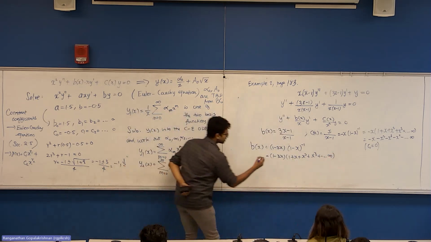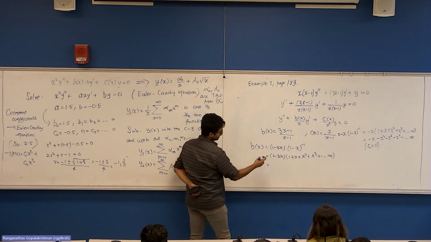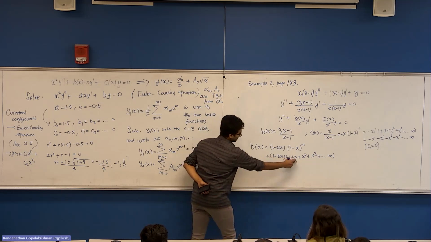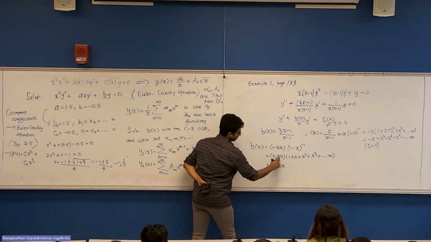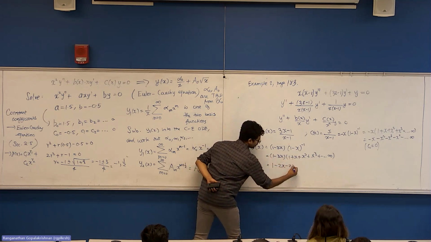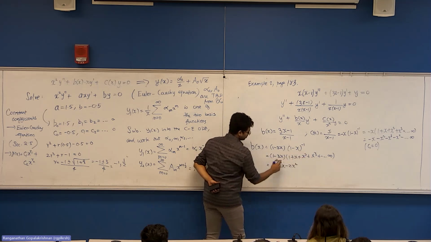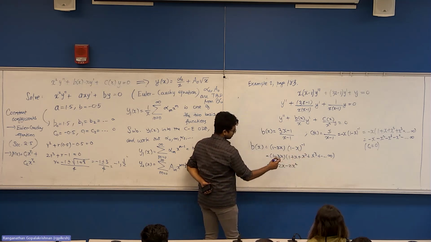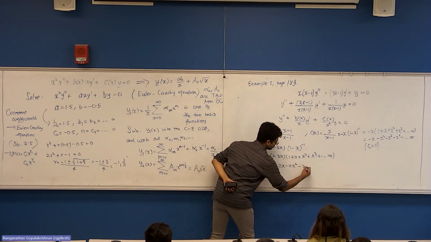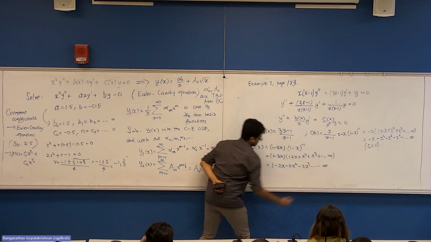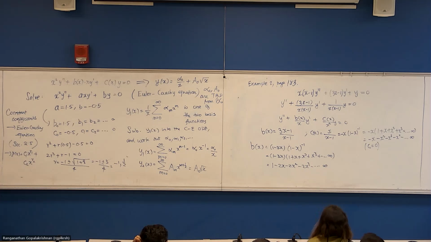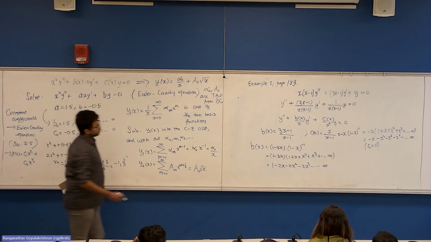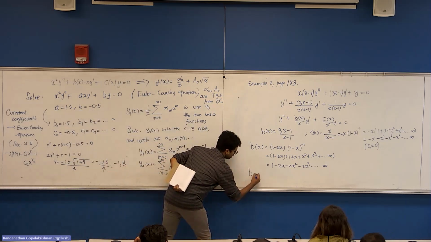This is an infinite series, of course. 1 plus x minus 3x, so minus 2x, plus x squared minus 3x squared, so that is minus 2x squared, plus x cubed minus 3x cubed, which is minus 2x cubed, and so on up to infinity. Which gives you b naught equal to 1.